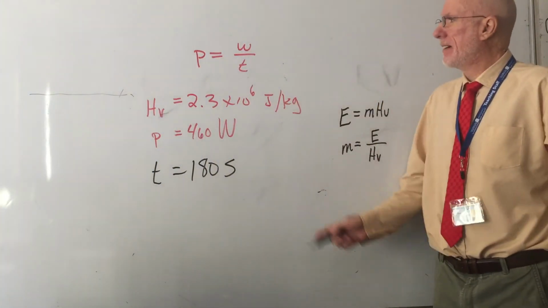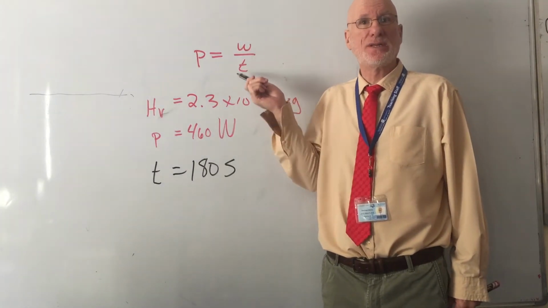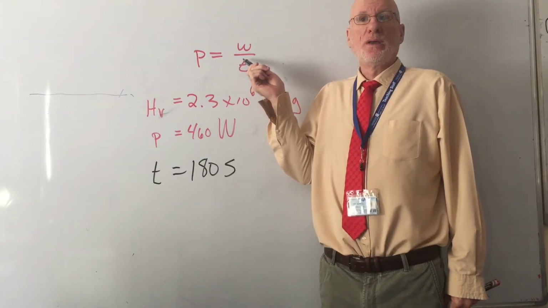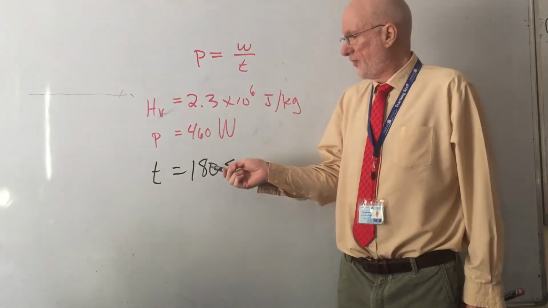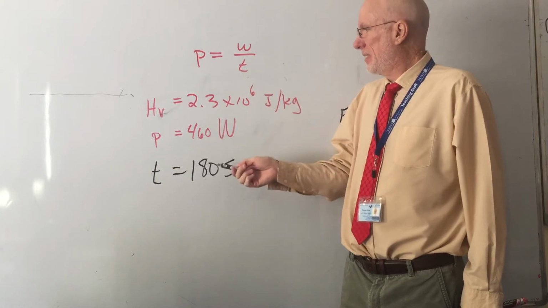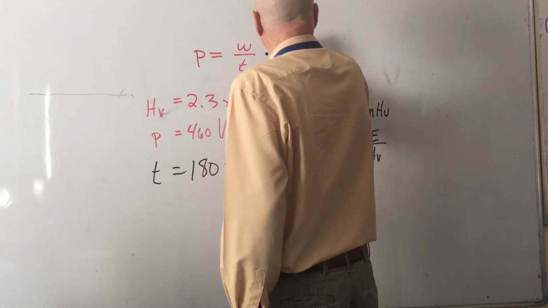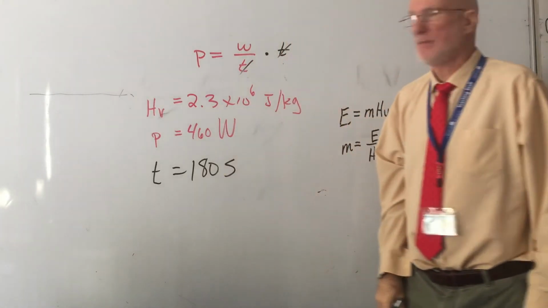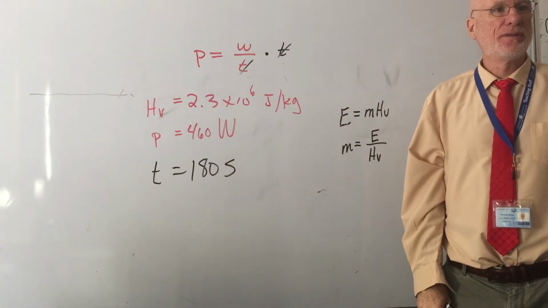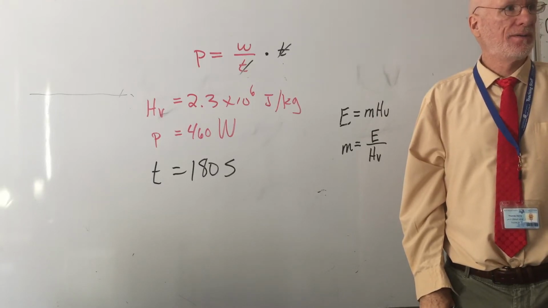Remember, power is work over time, or E over T, right? So I need to multiply this by time. If I multiply this by time, the time cancels, and I'm left with the work, correct?